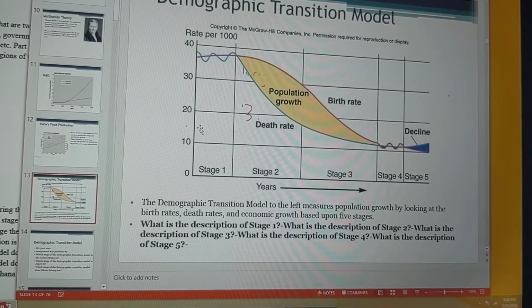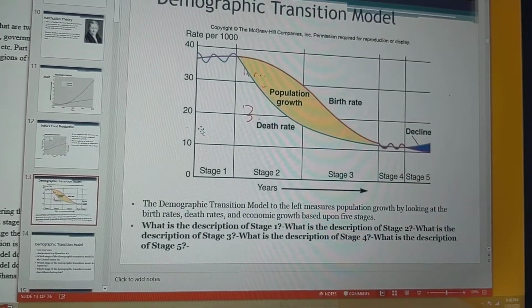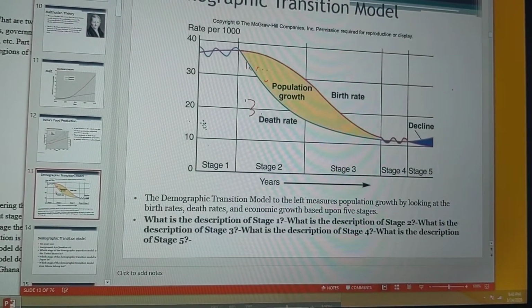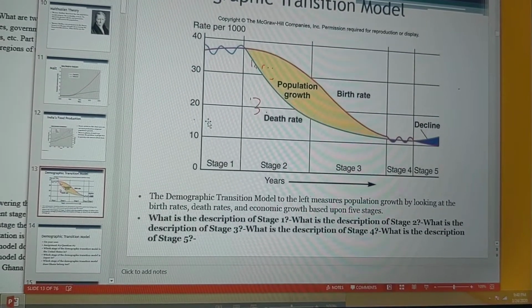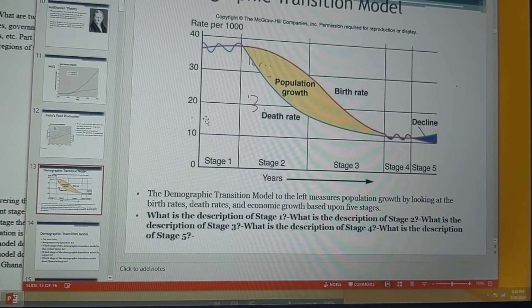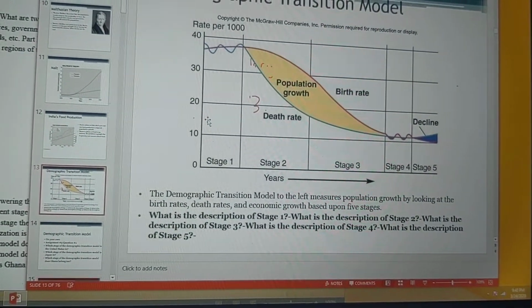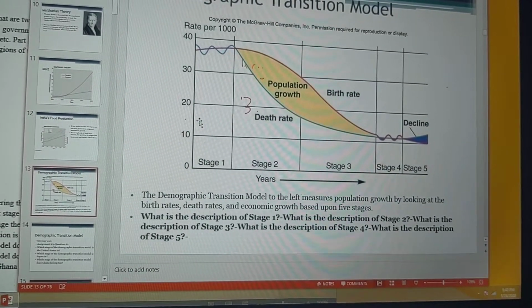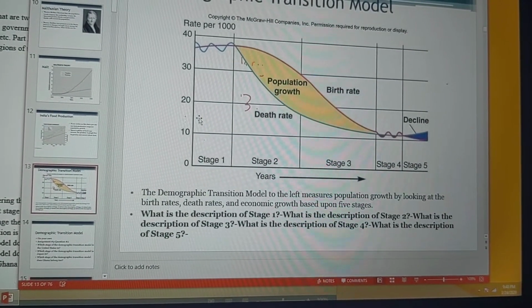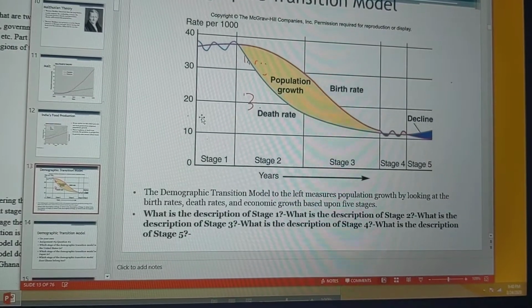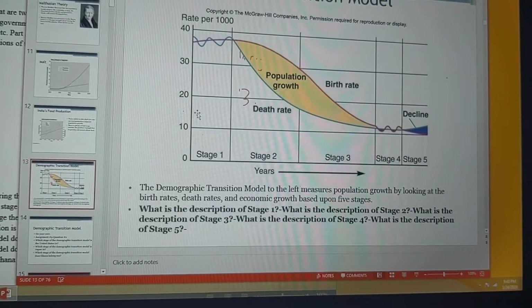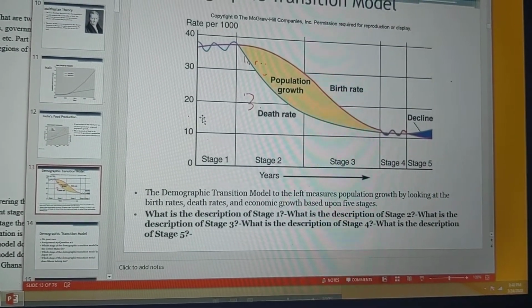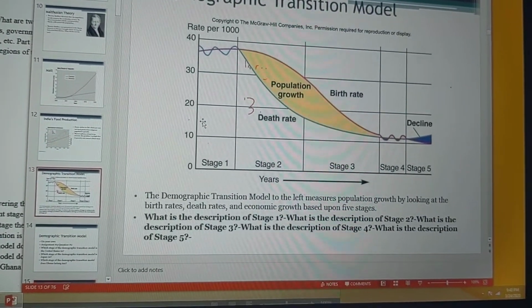The demographic transition model measures not only population growth in the country, but the birth and death rates, and also the economic rates. Are they a pre-industrial country, beginning industrial, peak industrial, or post-industrial? Okay? And I'll explain each of them here.